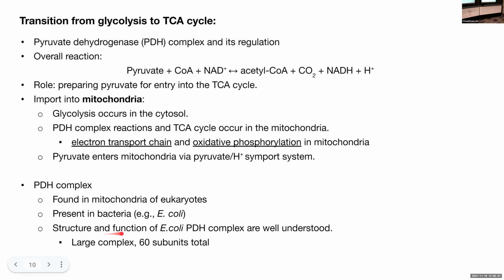And the structure and function of this E. coli PDH complex are well understood, and it's highly conserved for its mechanism as well as some key structures and motifs too. So they can be used for better understanding of other mammalian systems like human, which contains a large complex comprising 60 subunits in total.